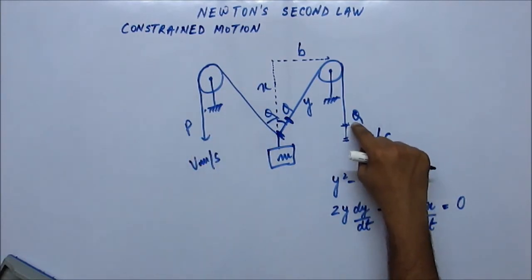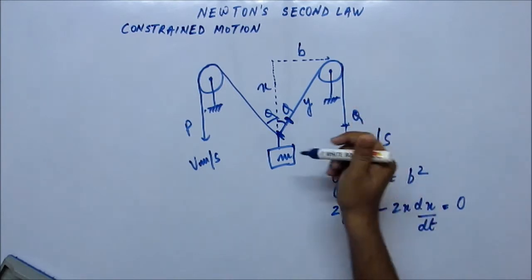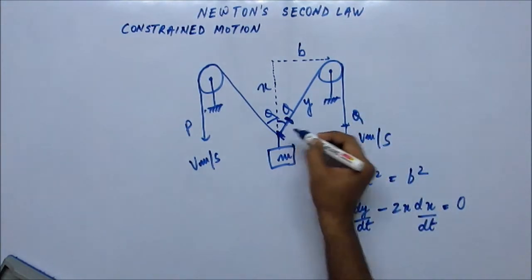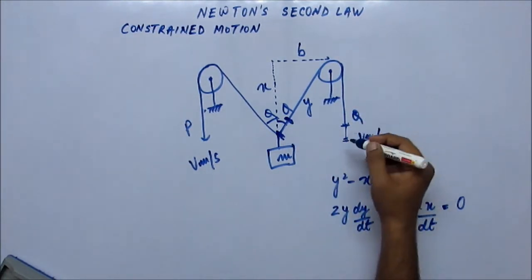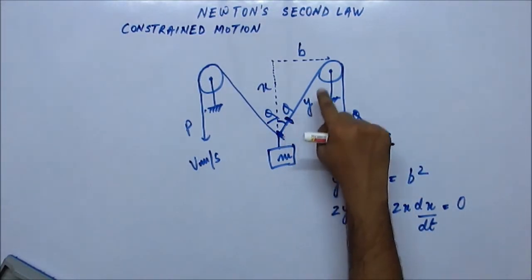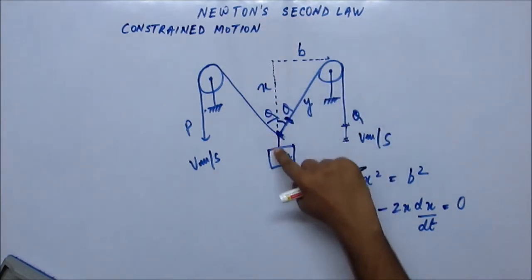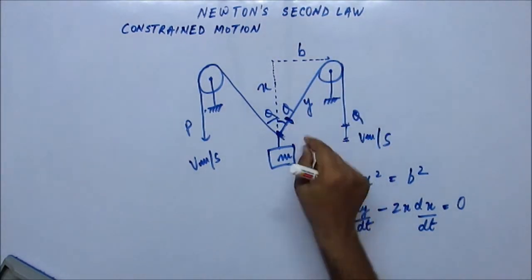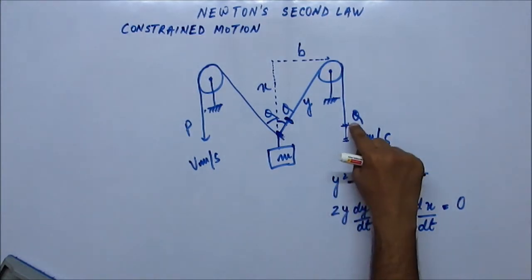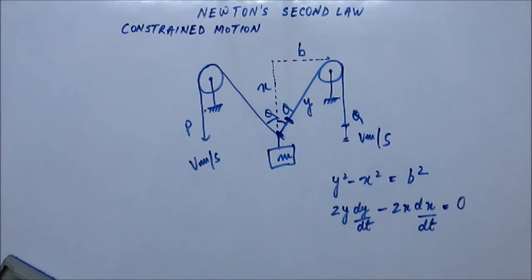If point Q comes down by a very small distance dy, then the same length of string, dy, has to be slacked from here. So this y, the hypotenuse of this right angle triangle, will be reduced by dy if point Q comes down by dy, because the length of the entire string is constant.